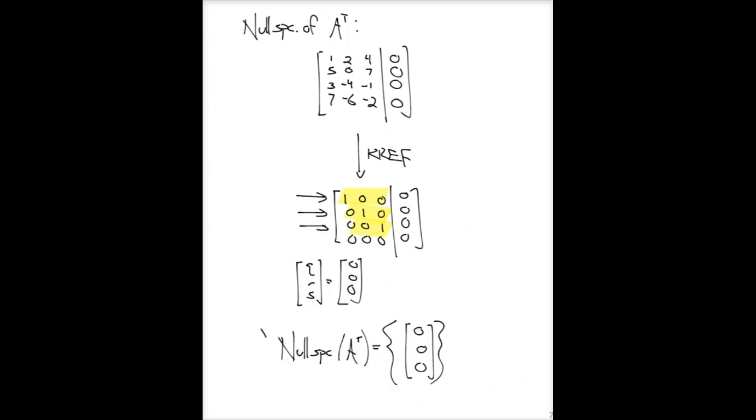That is an arbitrary vector in the null space, looks like 0, 0, 0, and that's it. In other words, we found that the null space of A transpose is just the trivial subspace consisting of only the 0 vector. And therefore this has dimension 0, as was previously predicted by the rank plus nullity formula used above.